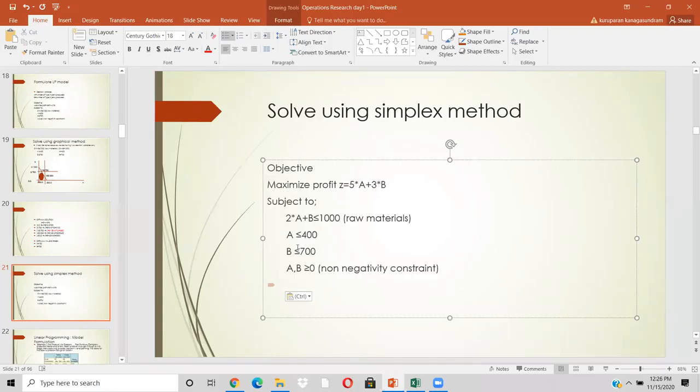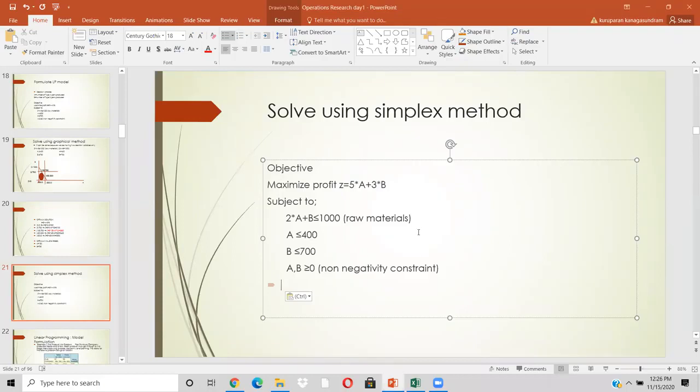For the simplex method, should the constraints be inequalities or equalities?